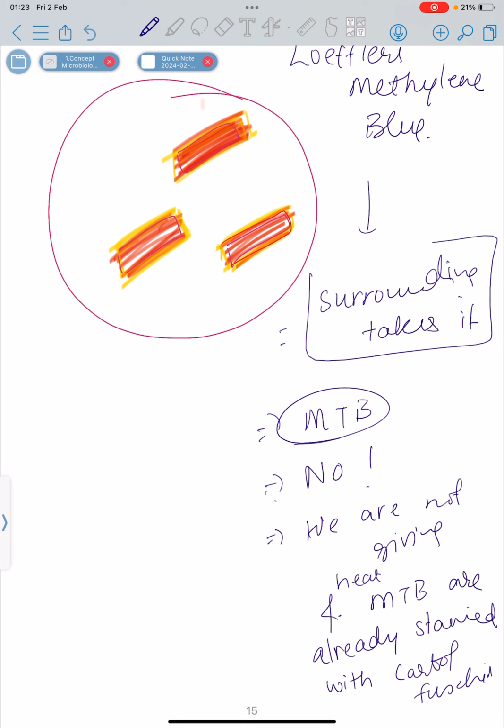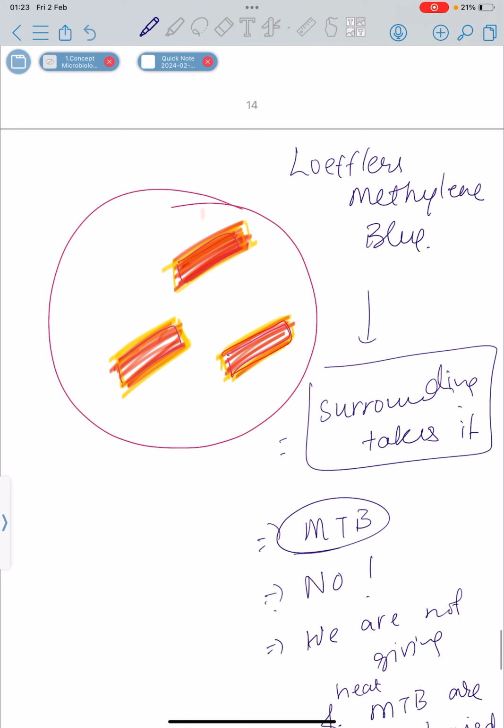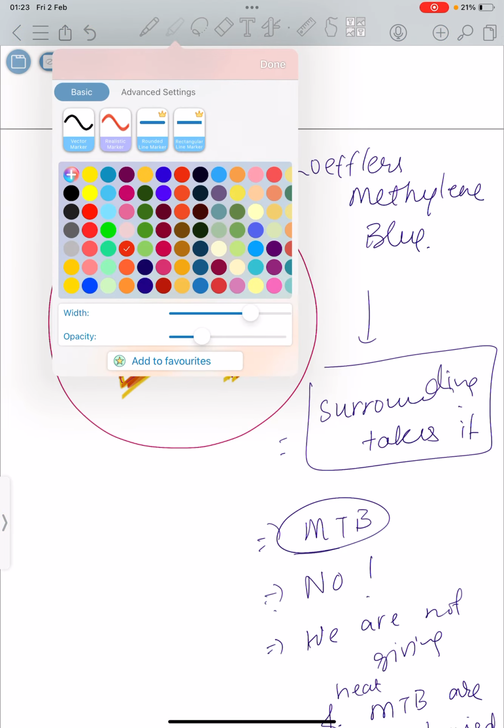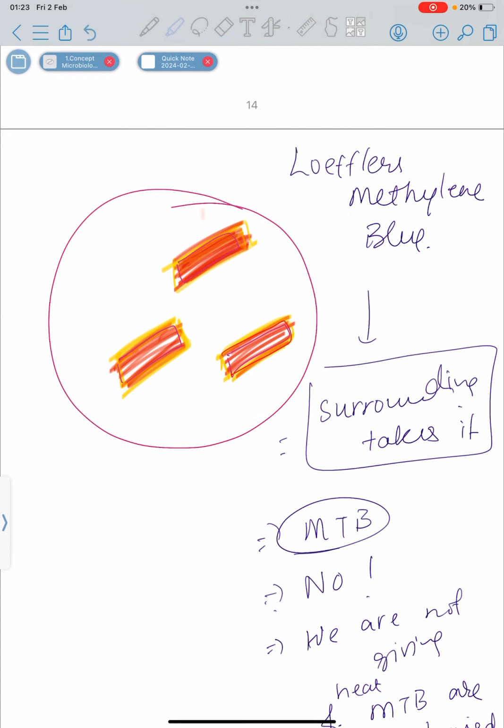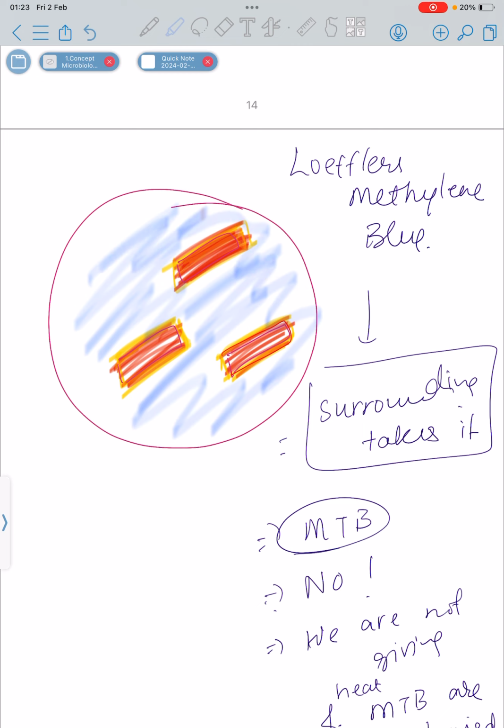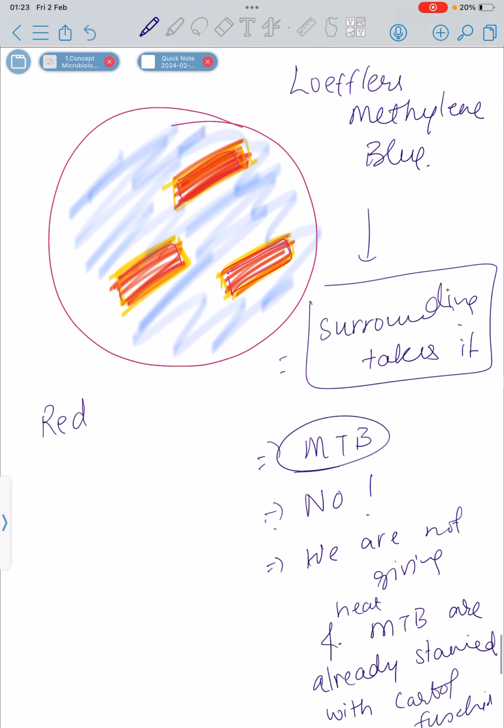But the surrounding was already decolorized, so it will get stained by methylene blue. Okay. So what we see in case of Mycobacterium tuberculosis is red cells against blue background. Clear?